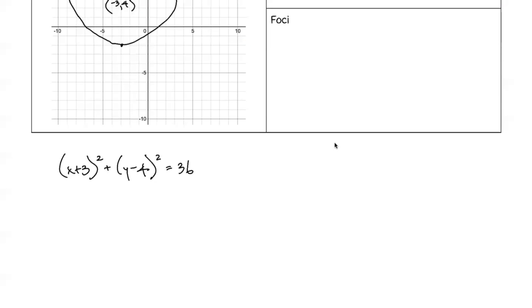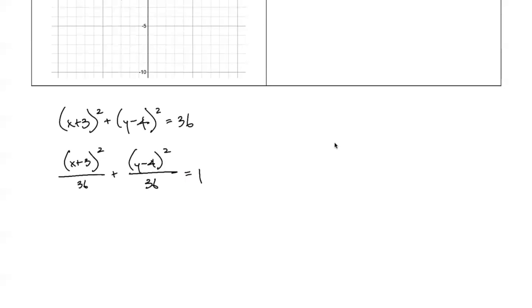Let's divide by 36. Now, if we're going to divide by 36, everything on the right-hand side gets divided by 36, but so does everything on the left-hand side. And so we'll end up with x plus 3 squared over 36 plus y minus 4 squared over 36 equals 1. All right, now I'm going to ask us to do even one more step.